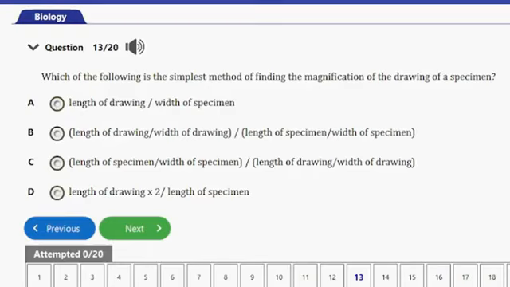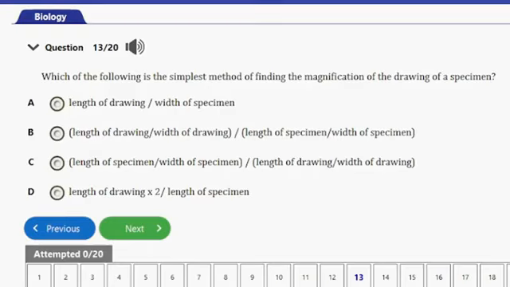Question number 13. It says, which of the following is the simplest method of finding the magnification of the drawing of a specimen? A, length of drawing over width of specimen. B, length of drawing over width of drawing, all over length of specimen over width of specimen. C, length of drawing over width of specimen, all over length of drawing over width of drawing.